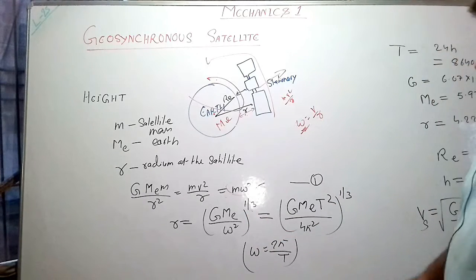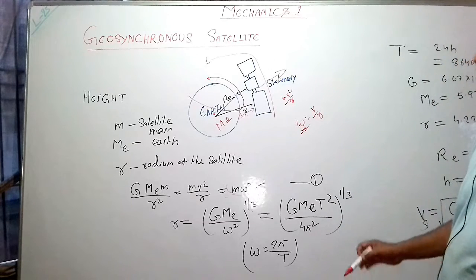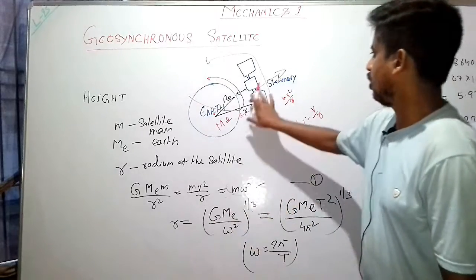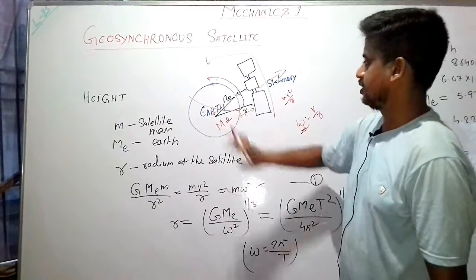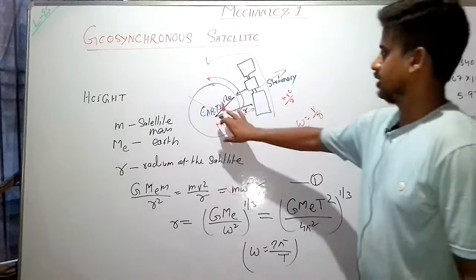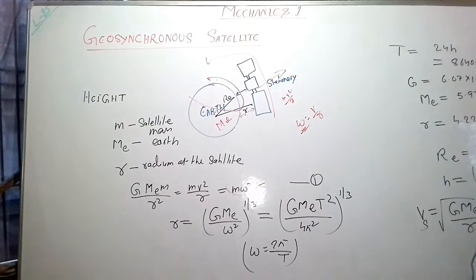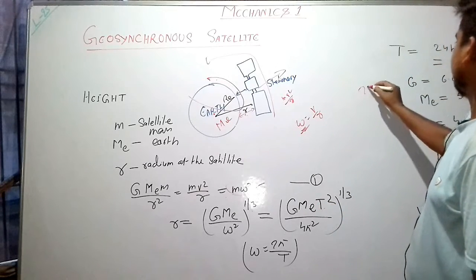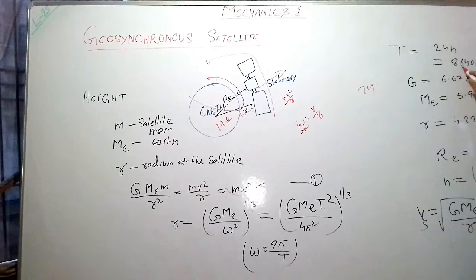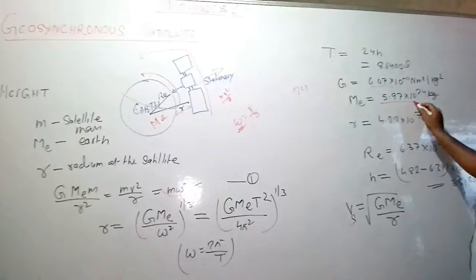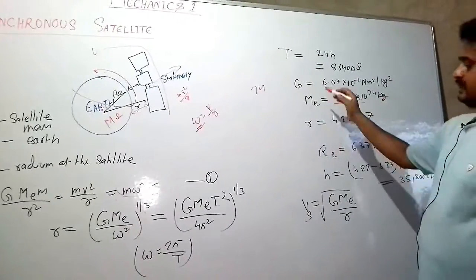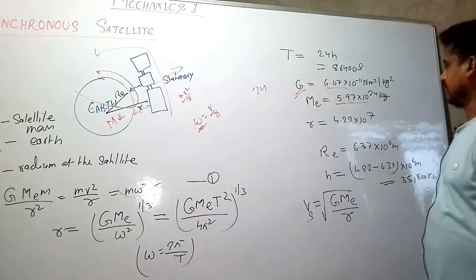So this is the radius of the satellite from the Earth's center, and when we plug in all the values, T is 24 hours, which means 86400 seconds, me, the mass of the Earth, is 5.97 times 10 to the power 24 kg, and G is the gravitational constant.